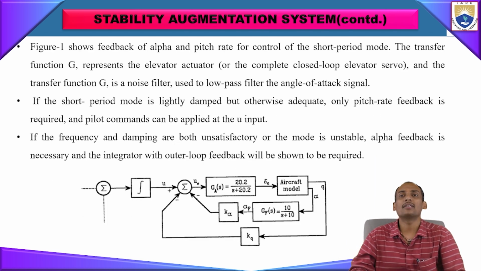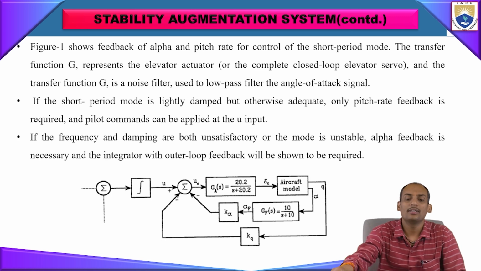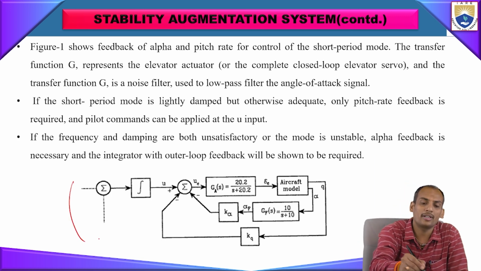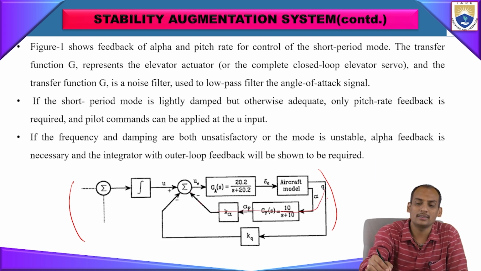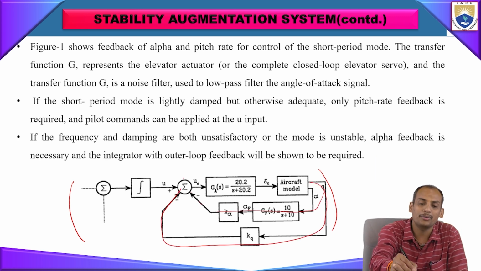So here you see the block diagram of this system: the feedback of alpha and pitch rate for controlling the short period mode. There are two feedback systems connected to this summer.